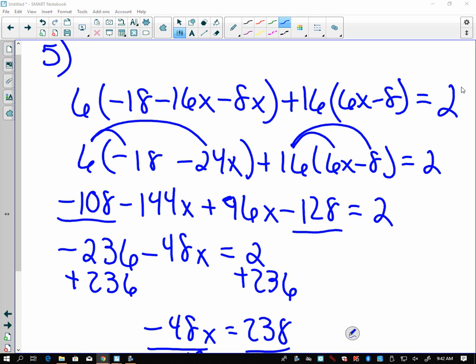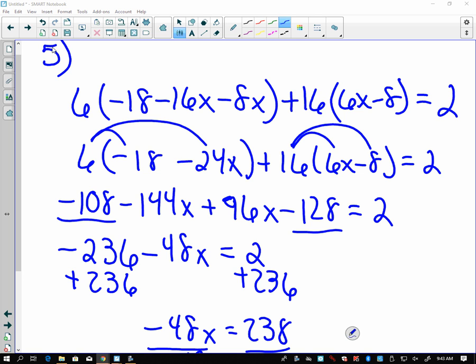Negative 144 plus 96 was negative 48. Good. Negative 108 minus 128 was negative 236. Okay. So yeah, all of your math there seems to be accurate.